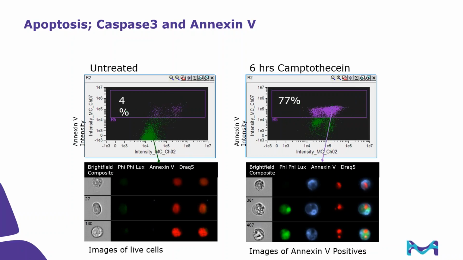If we do the same flow cytometry type analysis of looking at the annexin 5 dot plots, you can see the untreated is about 4%, and that goes to 77% as the apoptotic index after 6 hours with camptothecin.